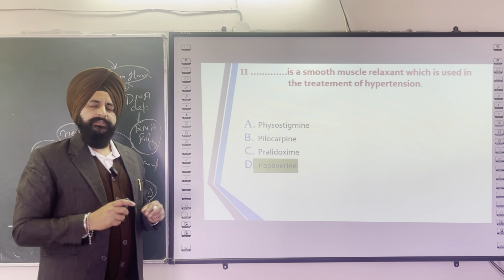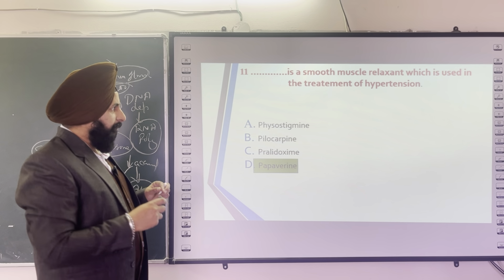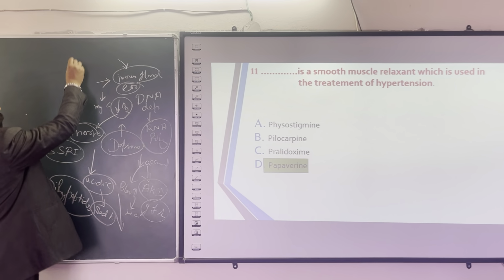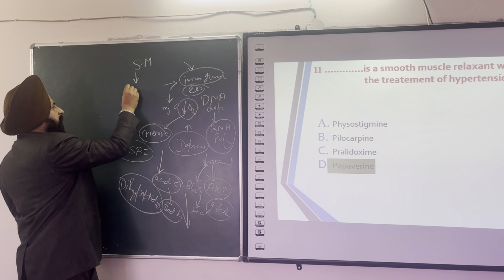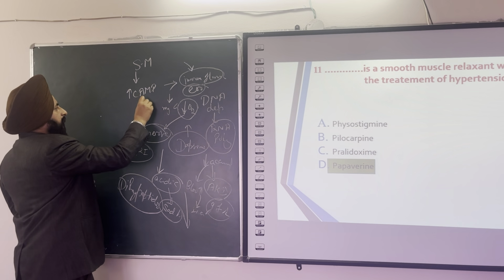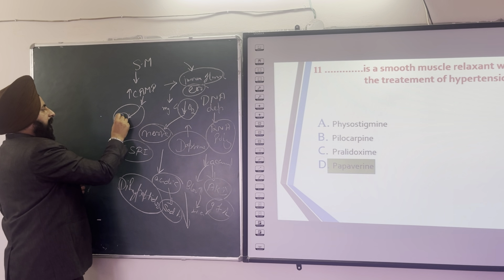So papaverine, which is an opium alkaloid type of compound, acts on the smooth muscle and causes its relaxation by increasing cAMP level and increasing the entry of calcium toward the endoplasmic reticulum.